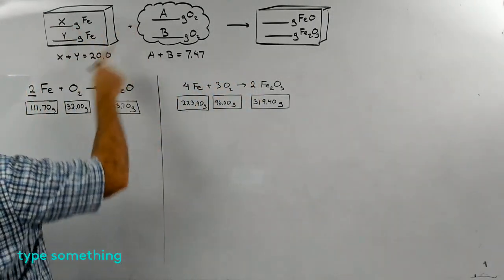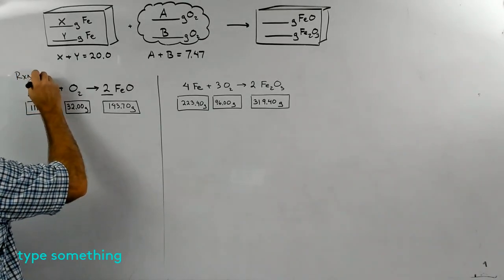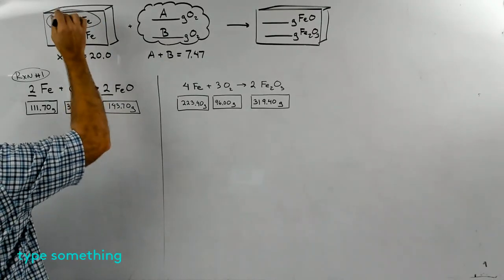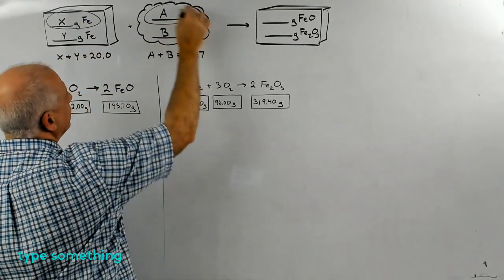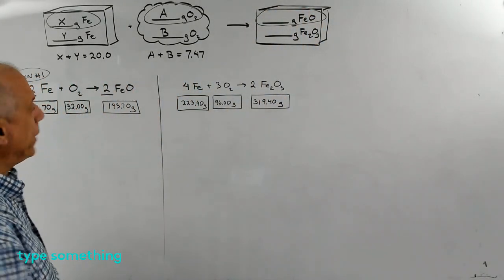For reaction number 1, we have this many grams of iron reacting with that many grams of oxygen gas to give us that. So how are we going to go about doing that?